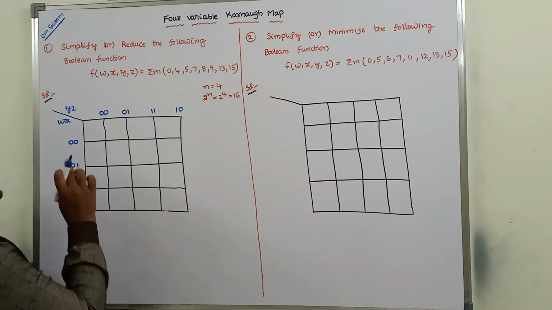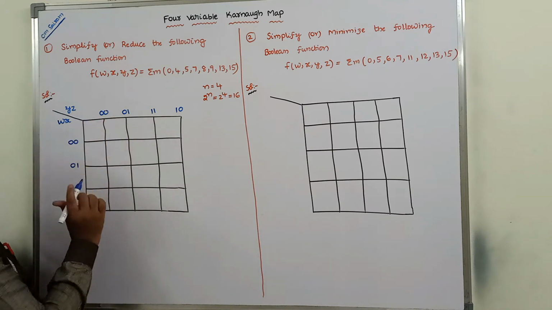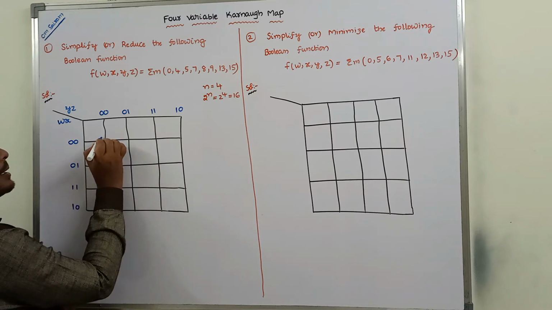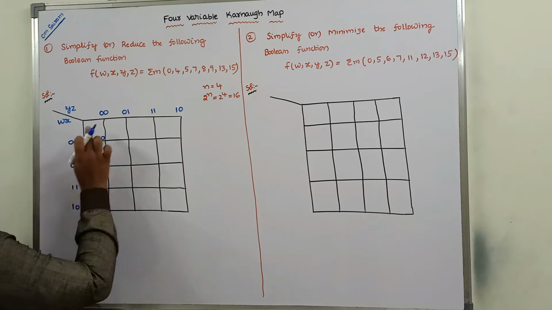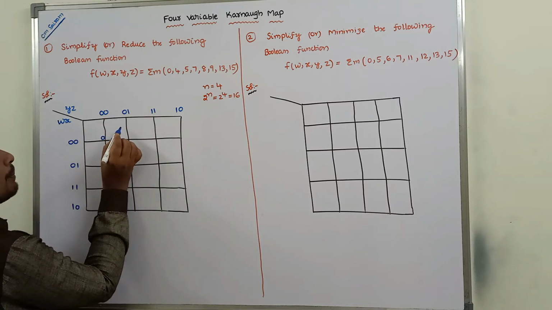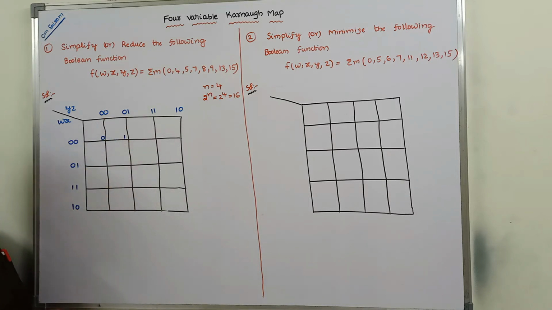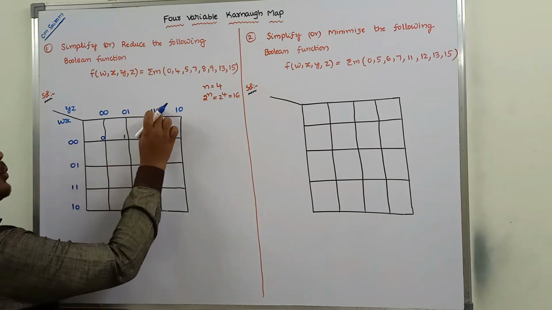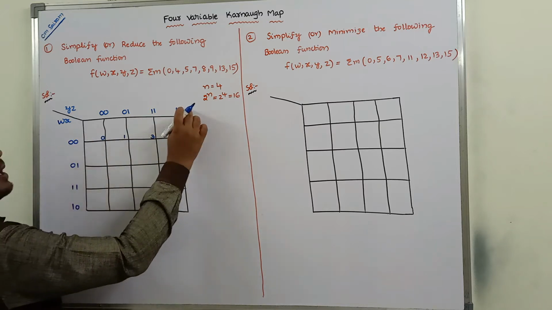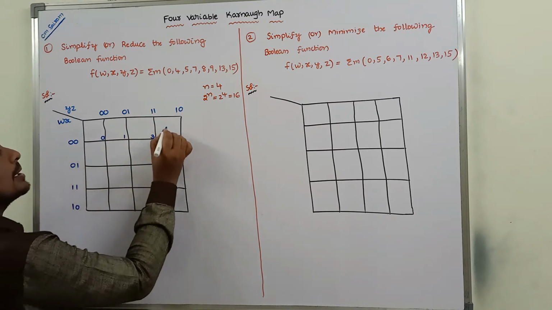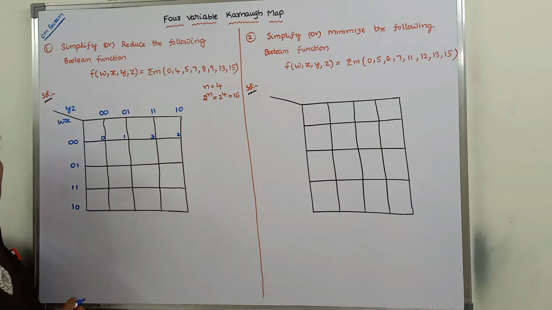Next, 0 0 0 0. This square represents the decimal equivalent value 0. 0 0 0 1 represents 1. 0 0 1 1 represents 3. 0 0 1 0 represents 2.